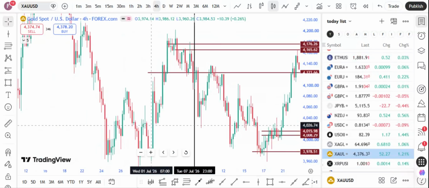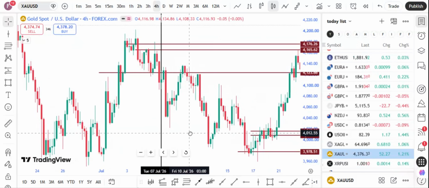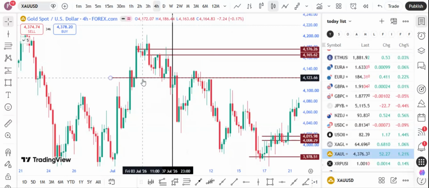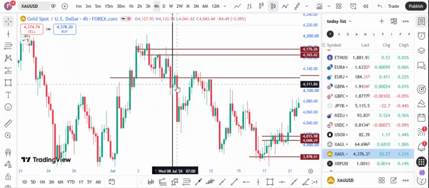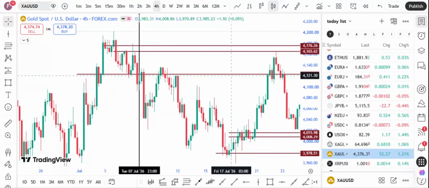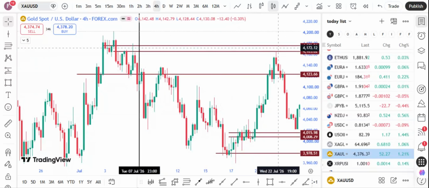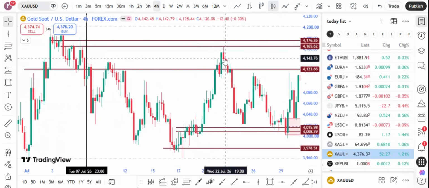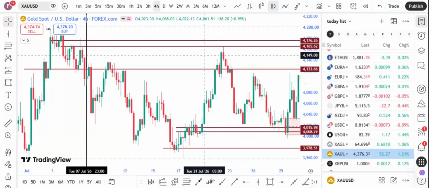So that's how you find your directional bias. If you look at it, you see that each time price got to those levels, it first rejects. After the rejection, you need the 4 hours to print an engulfing candle.